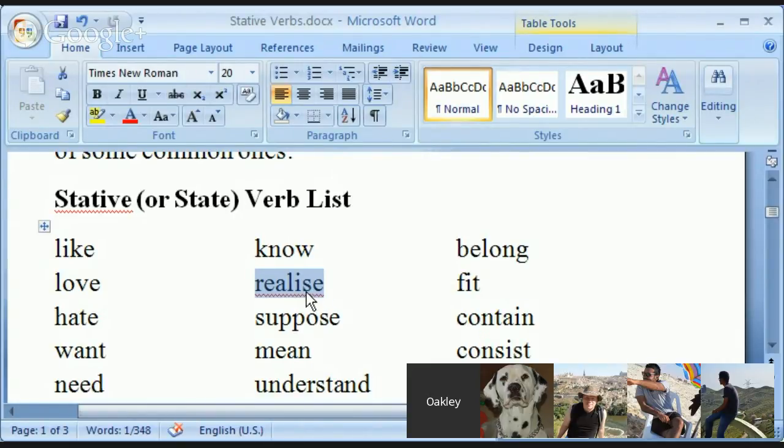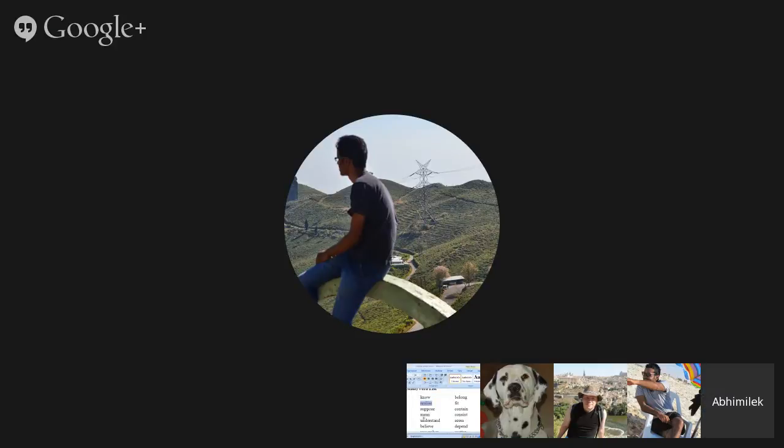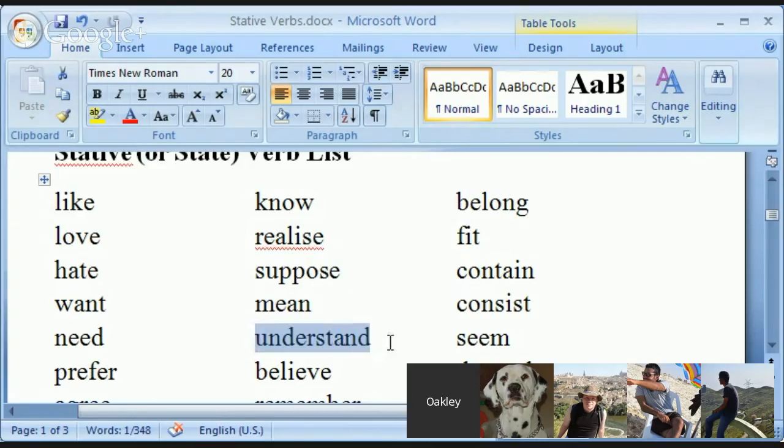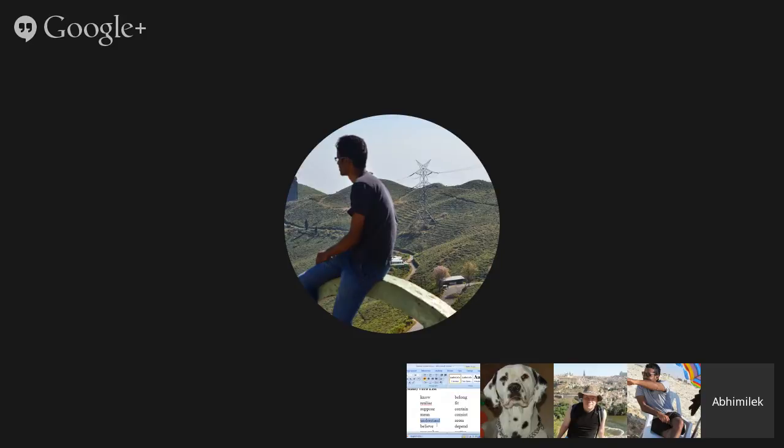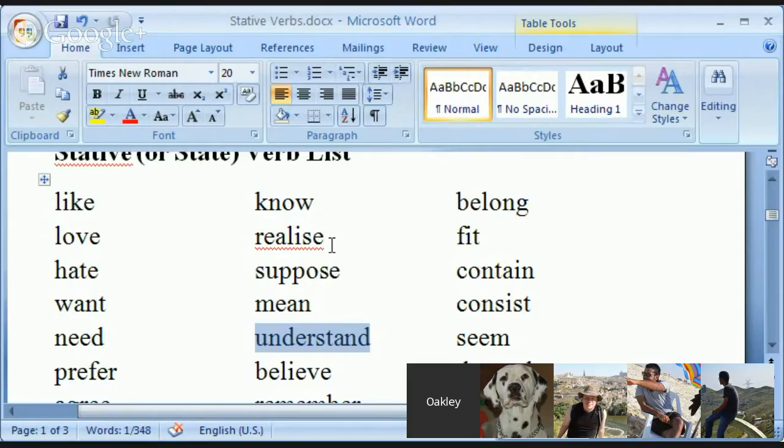Realize is a mixed verb. So we can say this can be used as static or dynamic. It can be used either way. This is kind of strange, but with realize it can be continuous because it can be that he slowly began to understand.